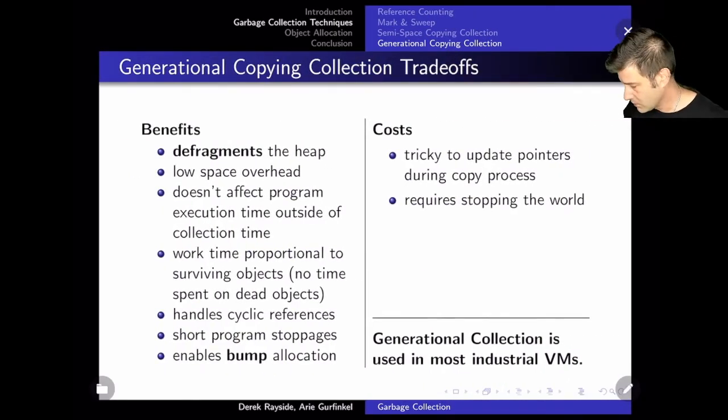So what are the trade-offs? Well, we still have heap defragmentation to some extent, because we copy from the nursery to old, and then on old we probably use a garbage collection that does defragmentation. The space overhead is somewhat low, because the nursery is only big enough for the most common small objects. We don't affect the execution of a program except for the garbage collection time, so there are no extra counters added anywhere.